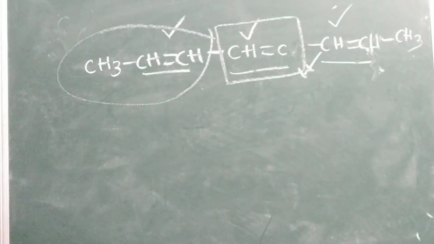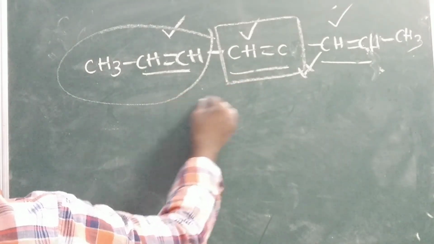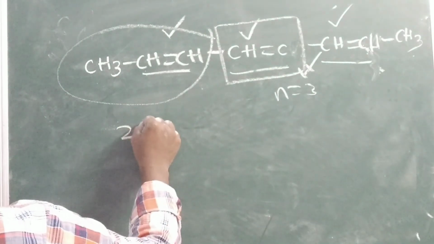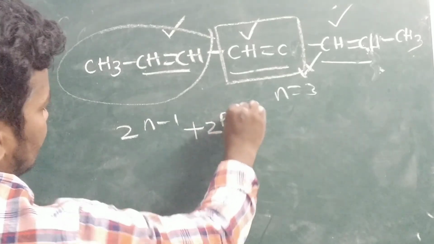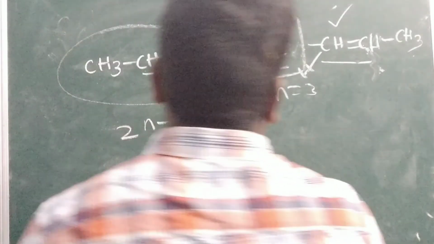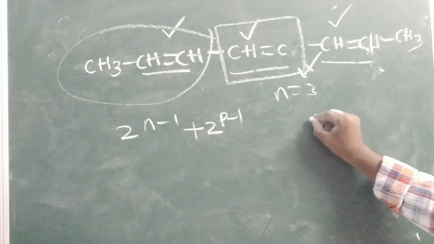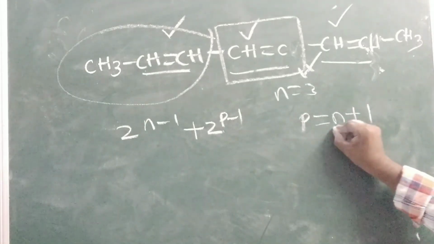Symmetrical is there. So here, what is the n value here? N value is the 3 here, no? So n is equal 3. So how many geometrical isomers it is exhibiting? 2 power n minus 1, 2 power p minus 1 or p plus 1? P minus 1. So how can you calculate the p value if it is even, if it is odd? If it is the odd in the sense what? N plus 1 by 2.